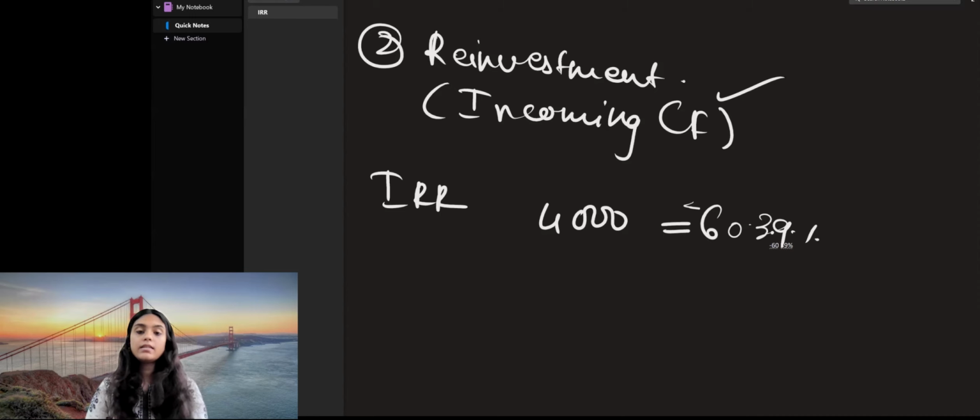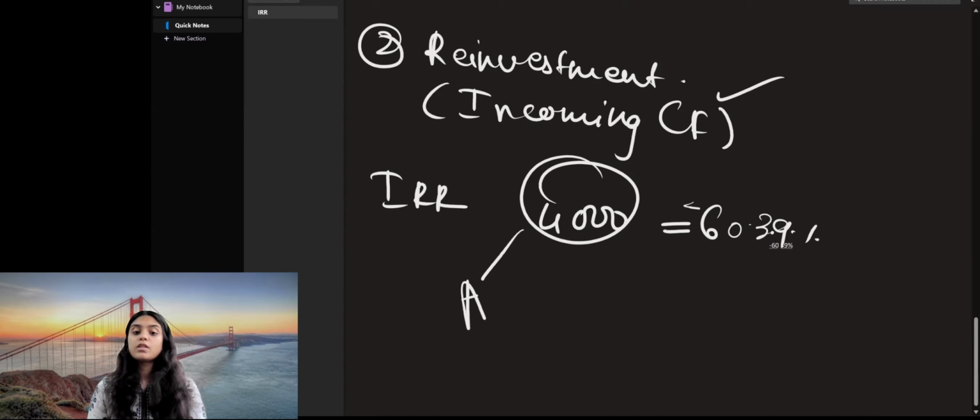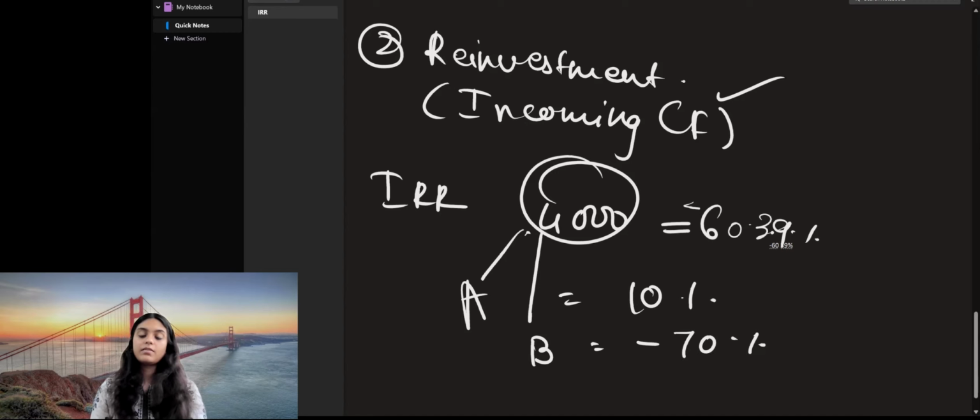But in a real case scenario, it is not true because there are chances that you reinvest these 4,000 rupees in some other investment, suppose investment A, giving a return of 10%, or an investment B, giving a return of minus 70%.